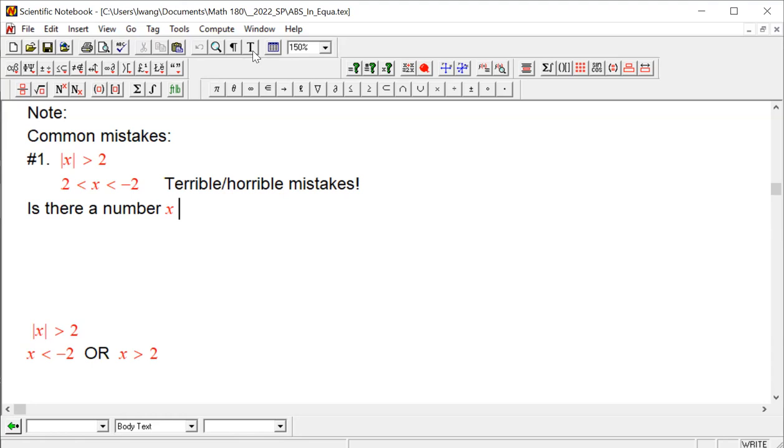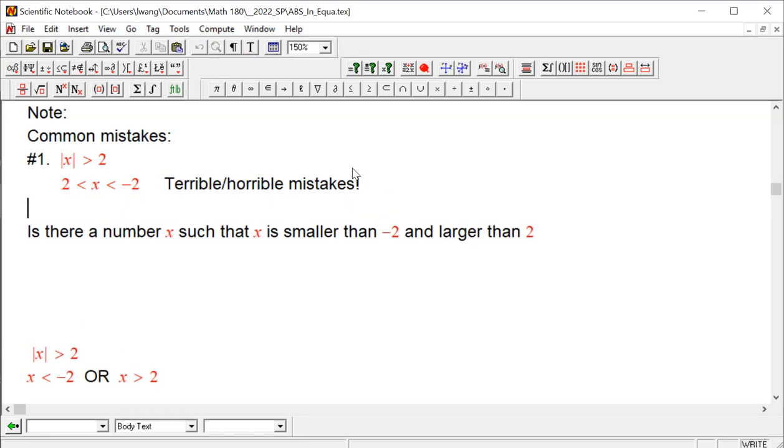Is there a number x such that x is smaller than -2 and larger than +2? Does such a number exist? Because when you write it this way, you're telling the reader this number x is larger than 2 and less than -2. Does such a number exist?